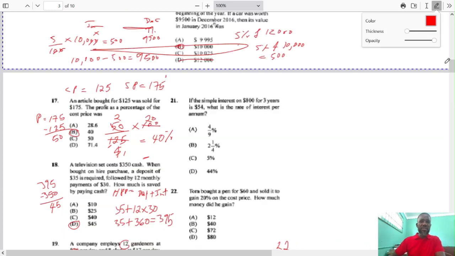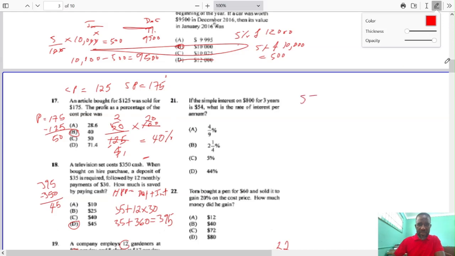Say if the simple interest on $800 for 3 years is $54, what is the rate of interest per annum? Okay, again, we know that SI is equal to PRT divided by 100, right?